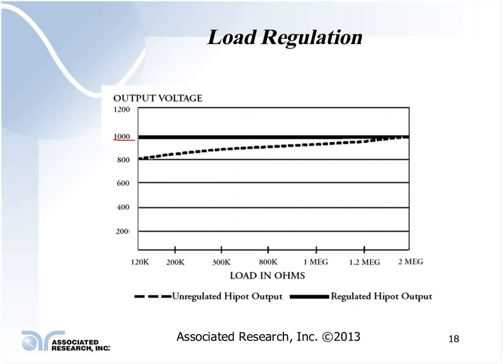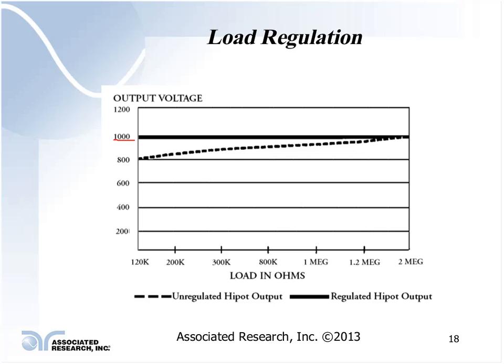Back in, I think it was like 1984, if my memory serves me correct, UL came out with a requirement to test the regulation of the Hipot tester. And they started on a bunch of different standards. Back then, UL 544 was one of the standards for medical equipment that was being used.